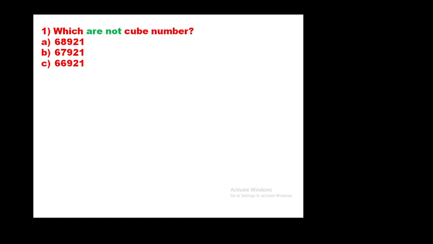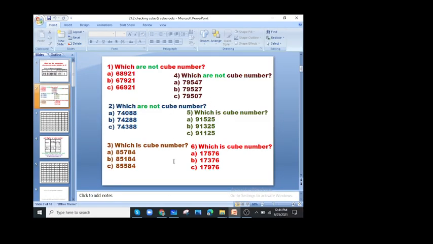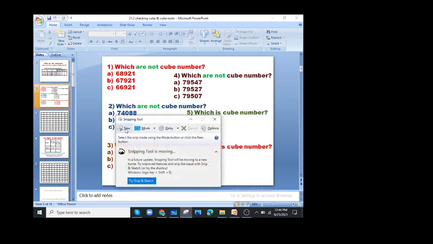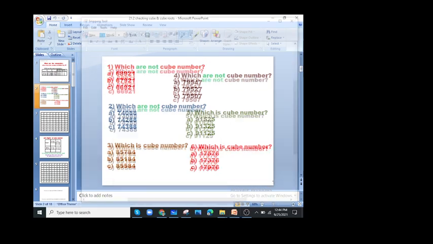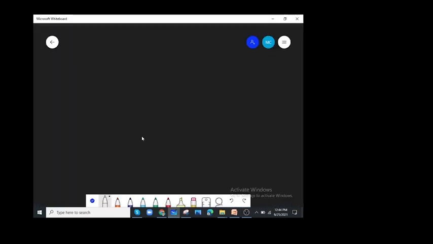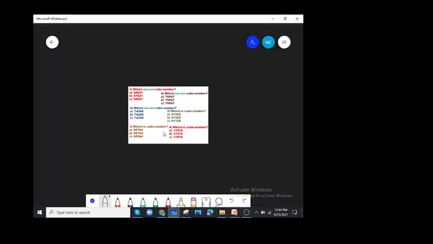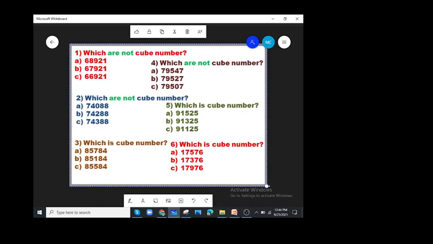Why are you telling me option B is not a cube number? Yes, you are correct. You get that number as the remainder. Now I have given you how to find the remainder.